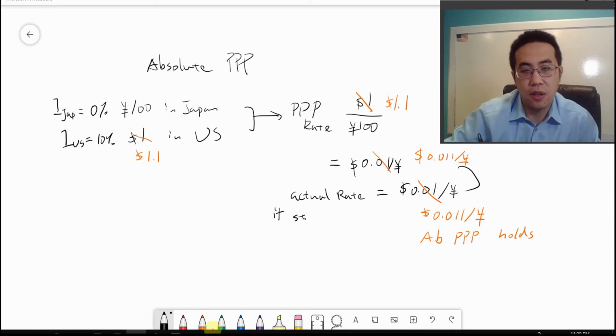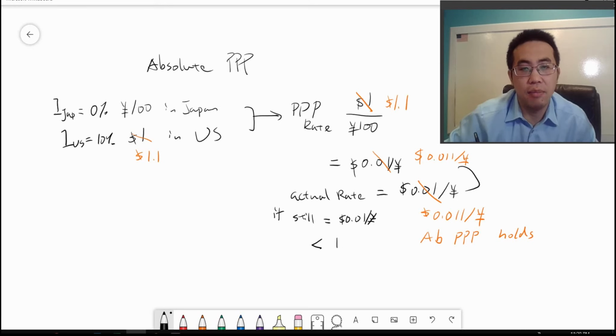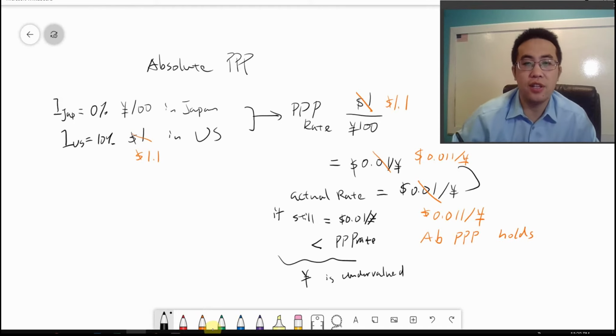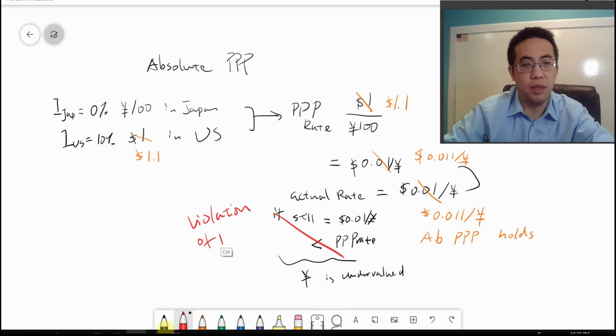If the actual rate is still $0.01 per yen, which is less than the new PPP rate, then the yen is undervalued. So that's a violation of the absolute form of PPP. So let me just call it a violation of the absolute form of PPP.